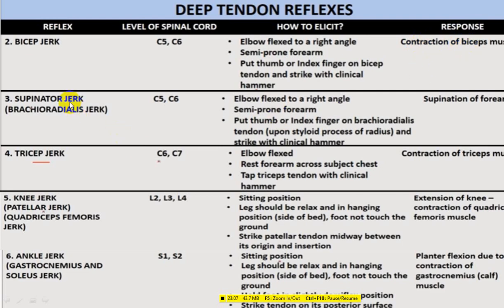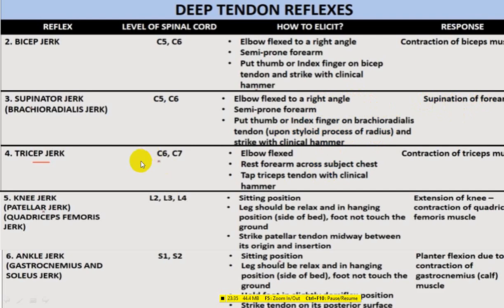In the supinator, or what we call the brachioradialis reflex, you flex the elbow, semi-prone the forearm, put the thumb or index finger on the brachioradialis tendon just a little above the styloid process of the radius and strike with the clinical hammer. You get contraction at the elbow and supination of the forearm.